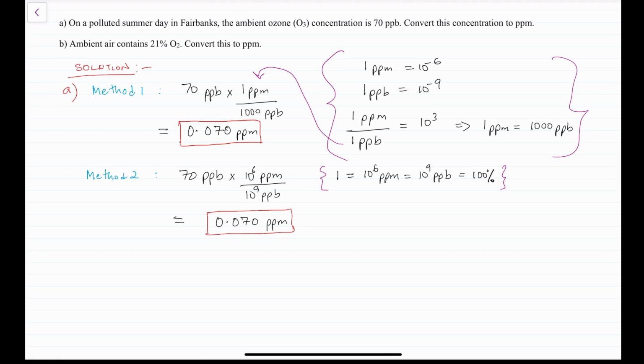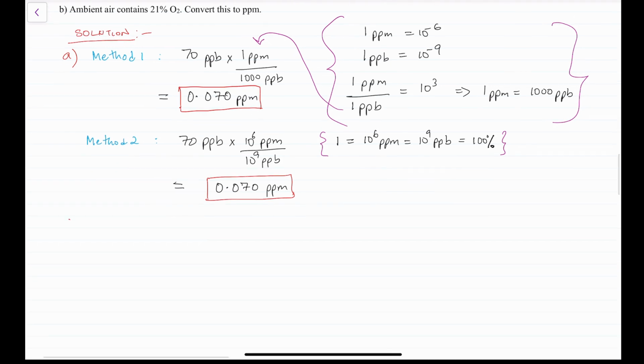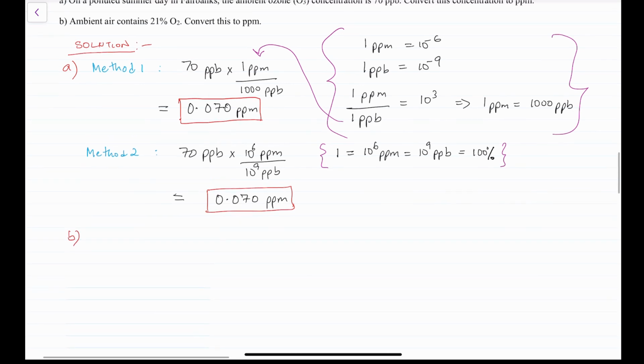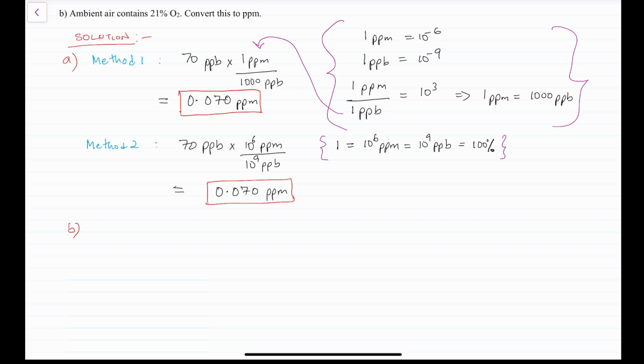Okay, for part B now, we have to convert 21% oxygen to ppm. So 21% O2 is equal to, let's use, say, method 2. So 21%, we multiply and divide by 1, so 10 to the power 6 ppm divided by 100%.